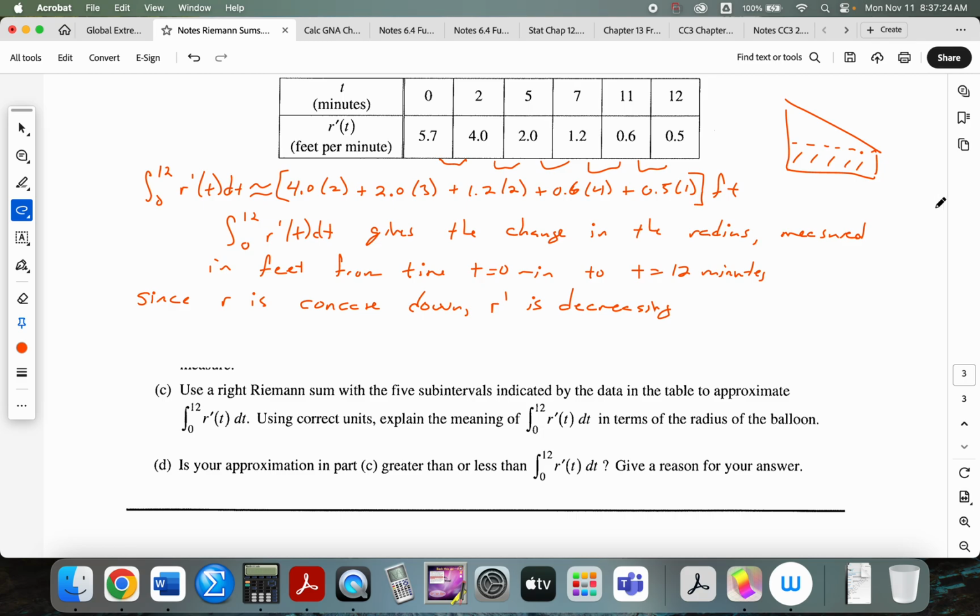Are we getting too much area or too little? Too much. The Riemann sum is this part. Oh, too little. Yeah. So a right Riemann sum underestimates. By the way, Riemann is always capitalized because it's a person's name. Georg Riemann. Underestimates.